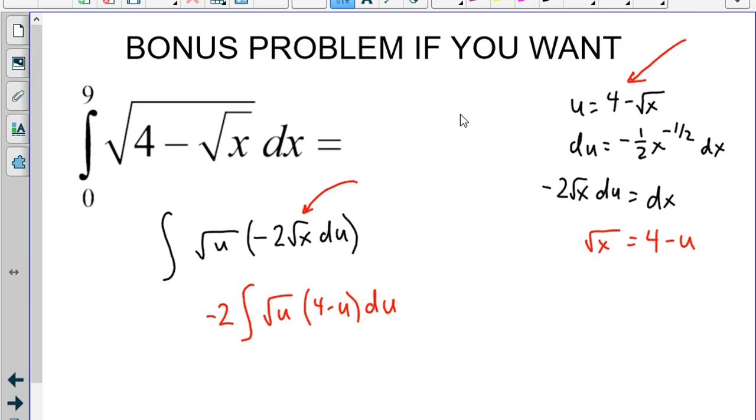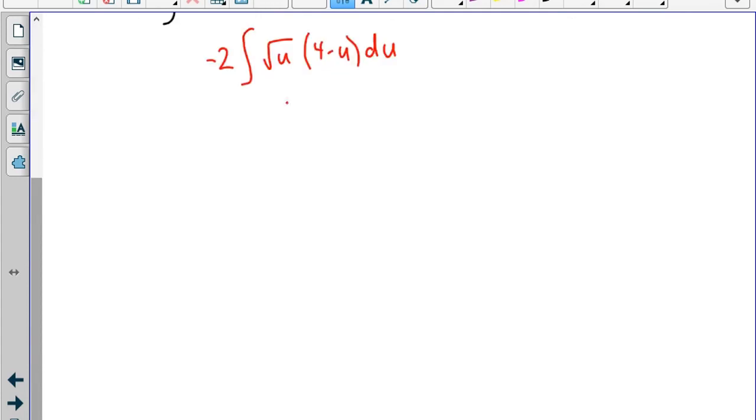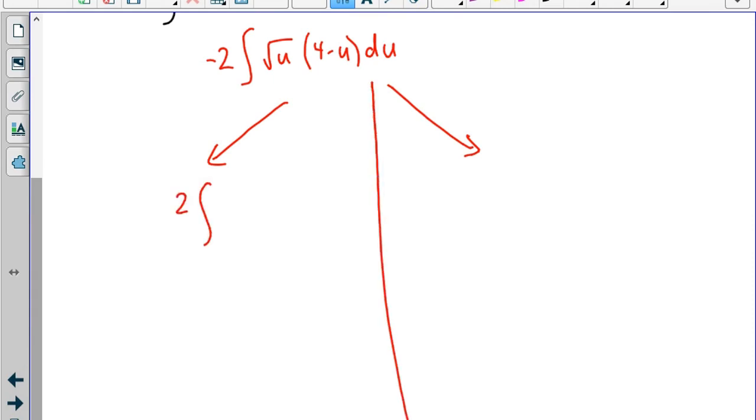So now I can actually integrate this. I'll now split this into two different ways. If I treat this like it's an indefinite integral, I'm going to write negative 2 times the integral of, remember, root u is the same thing as u to the 1/2, so 4u to the 1/2 minus u to the 3/2 du.